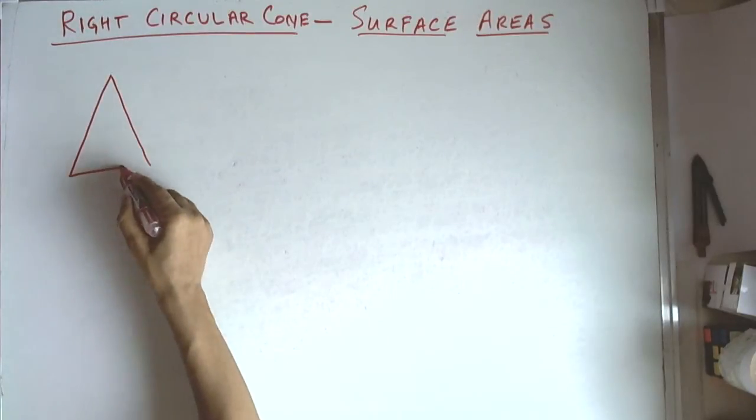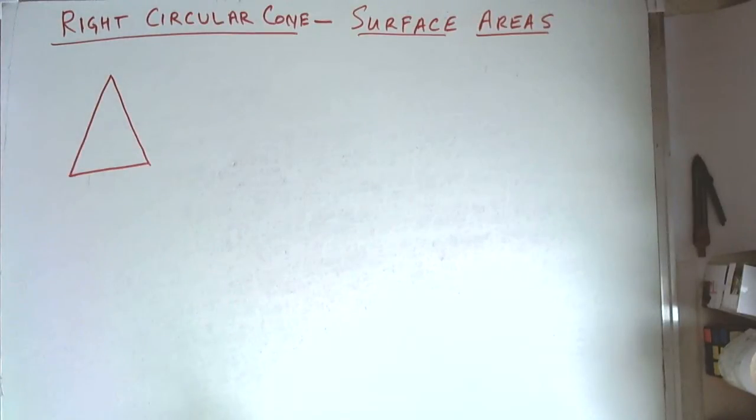All of us are familiar with this shape. It is very common when we go for ice cream, softy ice cream, and also when we go for roasted grams, we get served in a cone.